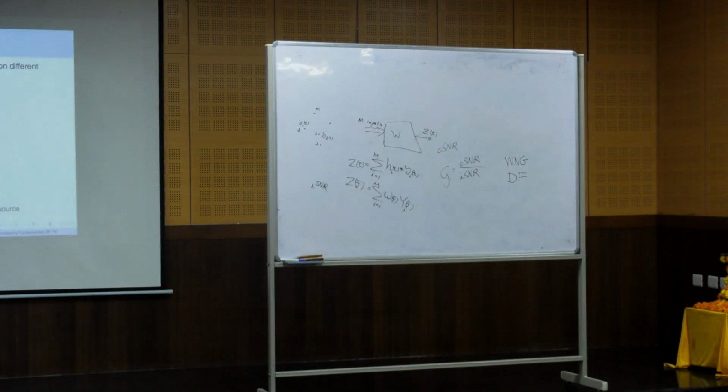So we need to take into account two things. One is the curvature of the propagating wave, because it's in the near field. Another thing is the decay of the magnitude of the spherical wave by the distance.